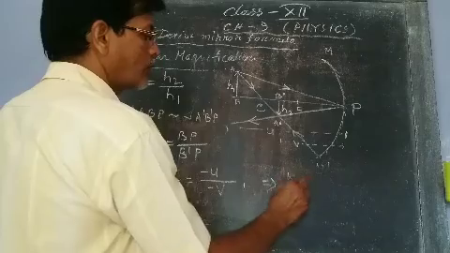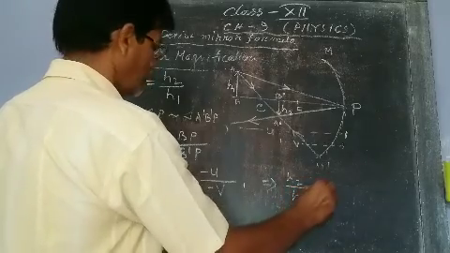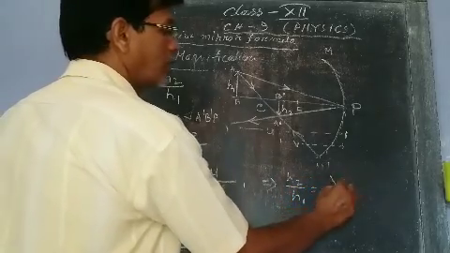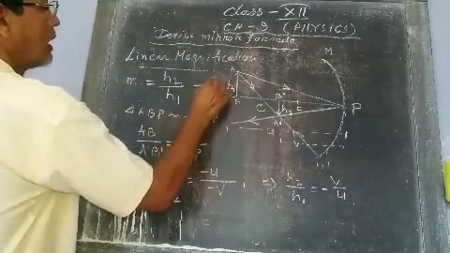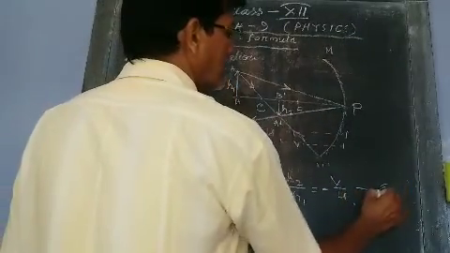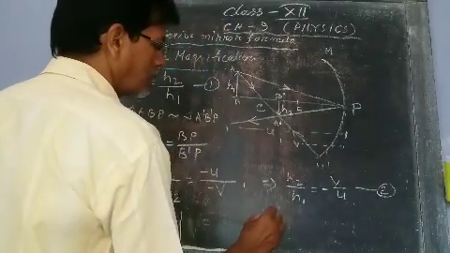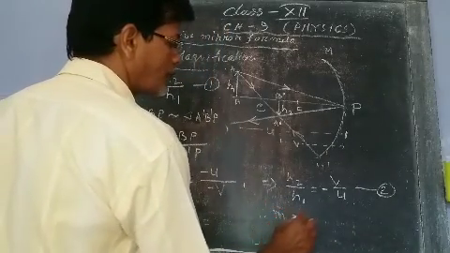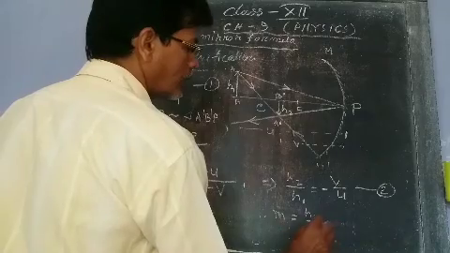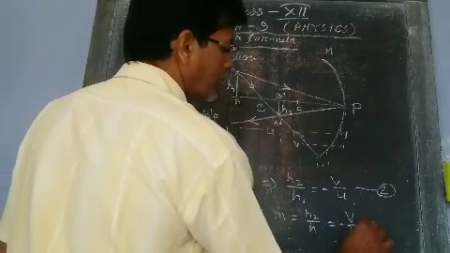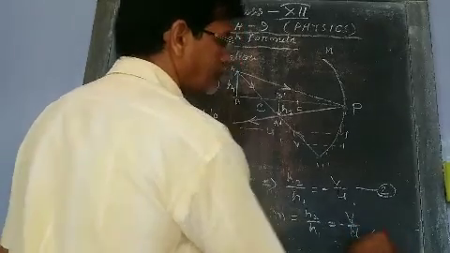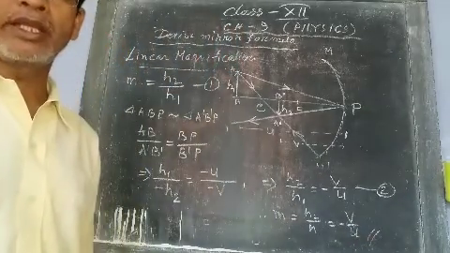H2 by H1 equals minus V by U. Therefore M equal to H2 by H1 equal to minus V by U. This is the linear magnification.